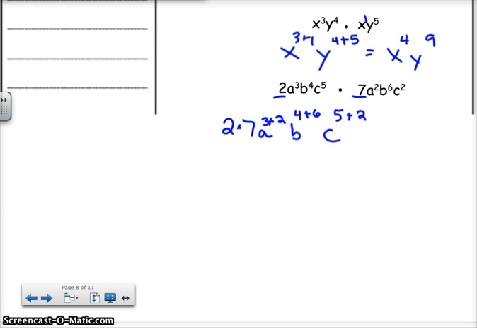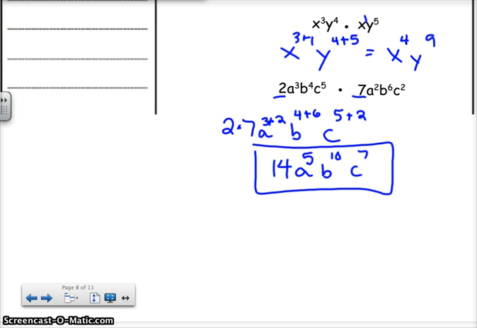Now you do not have to show all that in your homework, okay? You can go right to 14, A to the 5th, B to the 10th, C to the 7th. You can go right to that step, okay? You definitely can. However, with your notes, you need to know how I handled it.